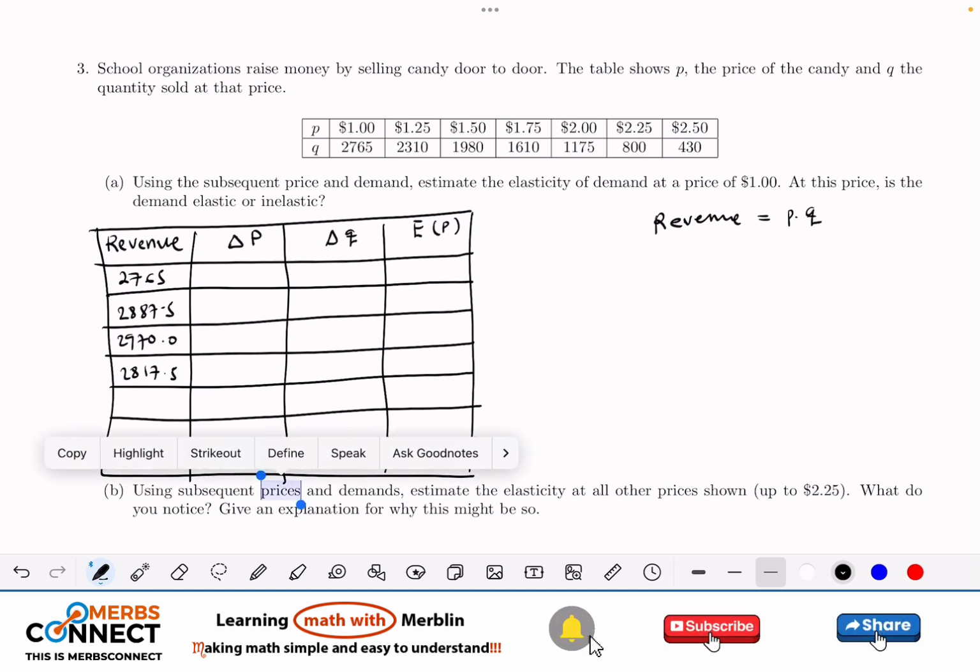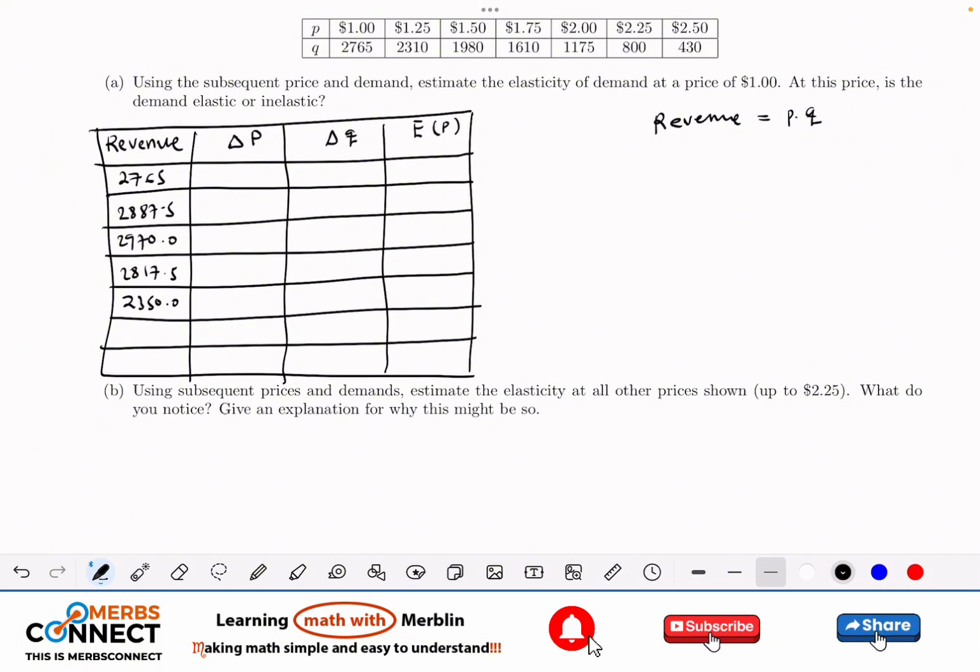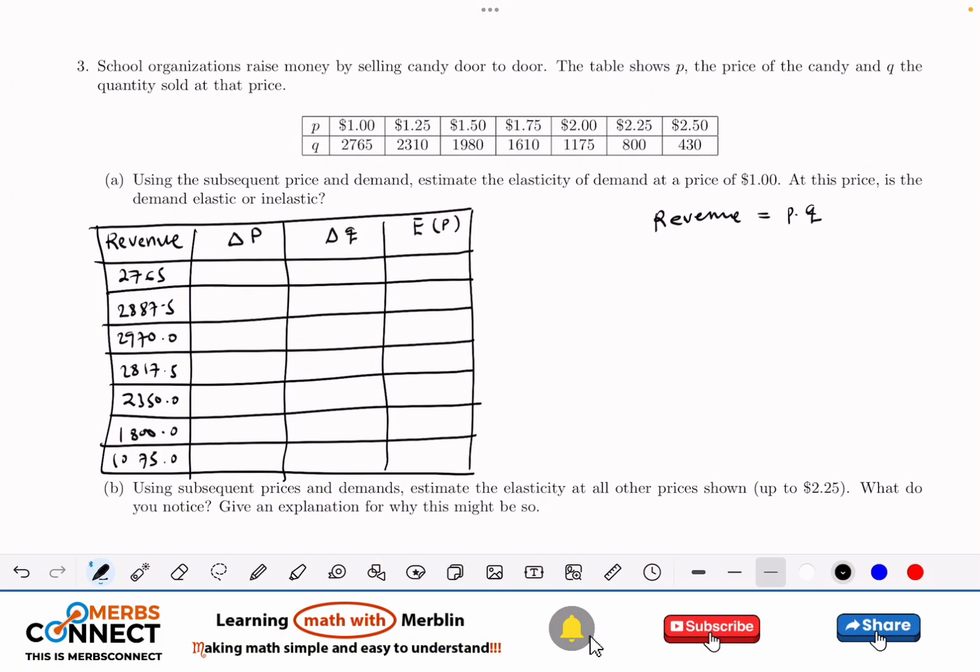Then we have 2350.0, and then we have 1800.0, then we have 1075.0. So that will be the revenue. You can confirm. Multiply everything, and you should be getting something like this.